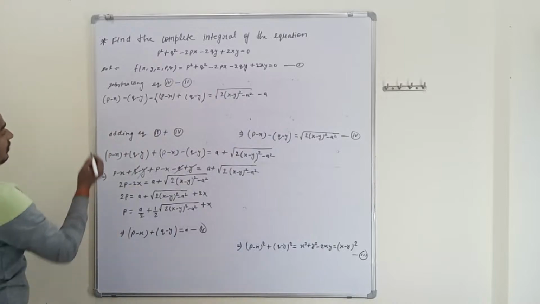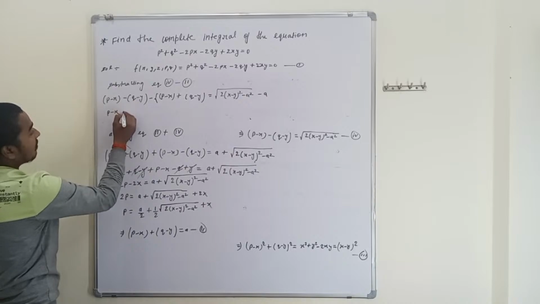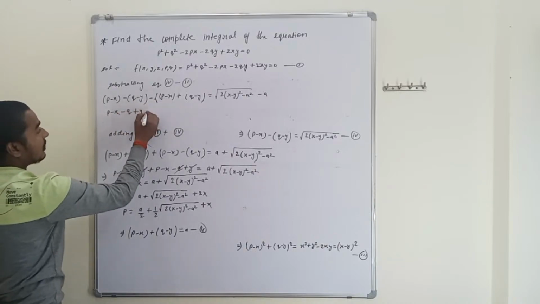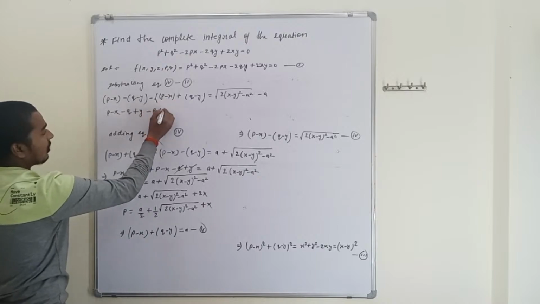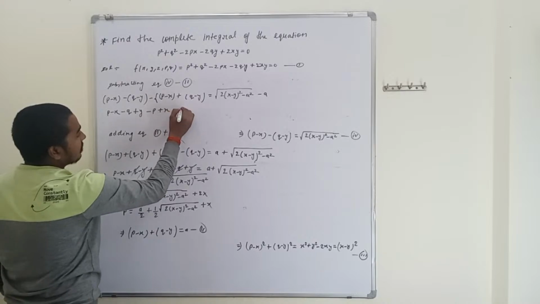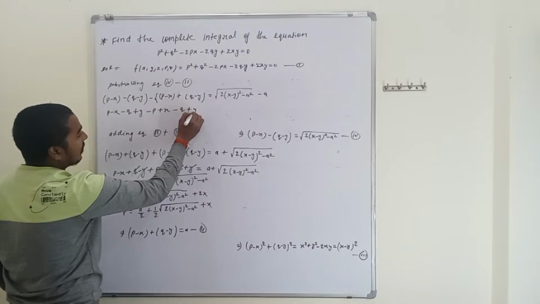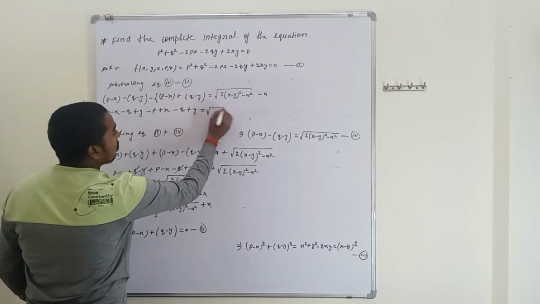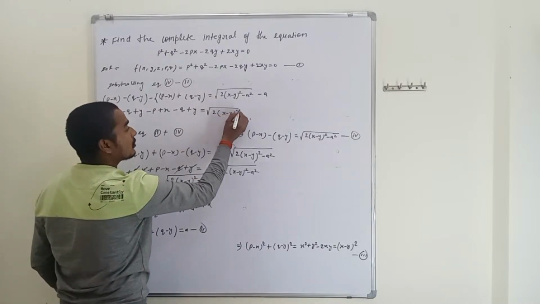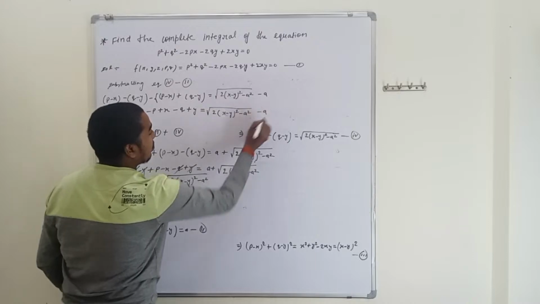From here we can also solve further, that is p minus of x and minus of q plus of y and minus of p plus of x and minus of q and plus of y is equal to root of 2 times of x minus y whole square minus of a square and minus of a.